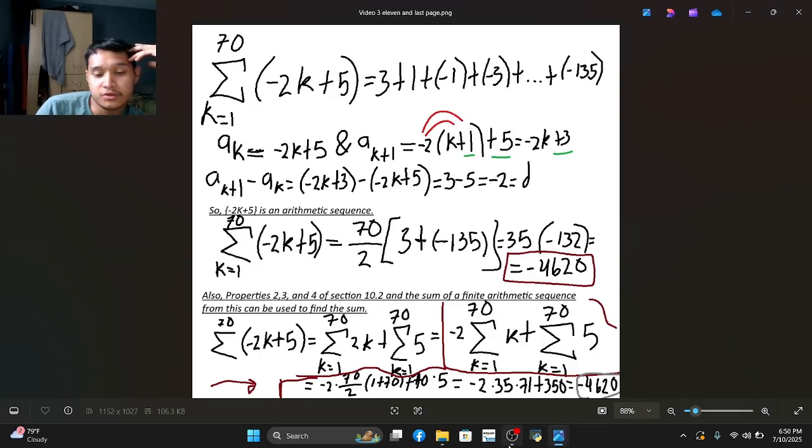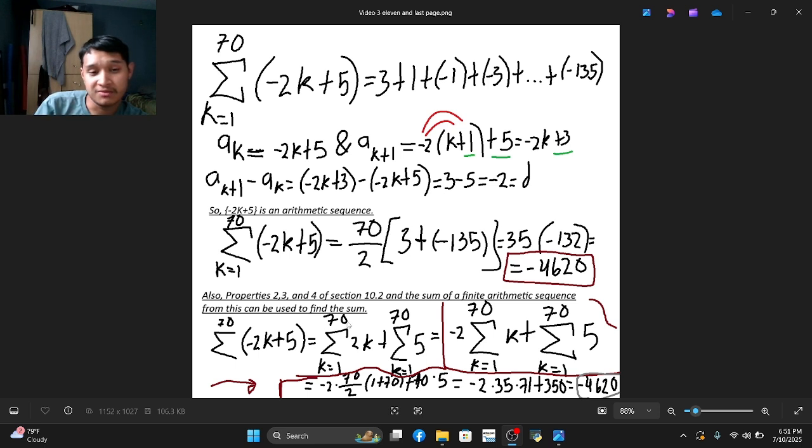If you did not enjoy what we just discussed today, you can always go back to the properties that we discussed in the last video, which were properties 2, 3 and 4. We know that the last limit is 70 and we use it in terms of negative 2k plus 5. Because we have the same limit, we just break it up.